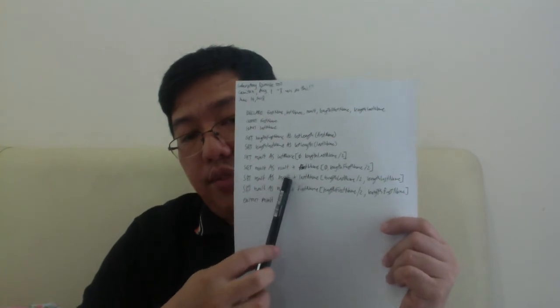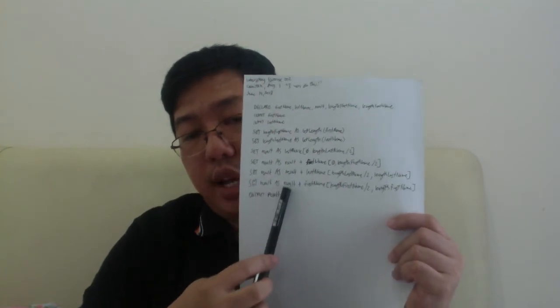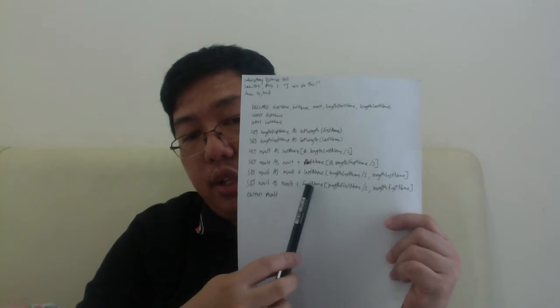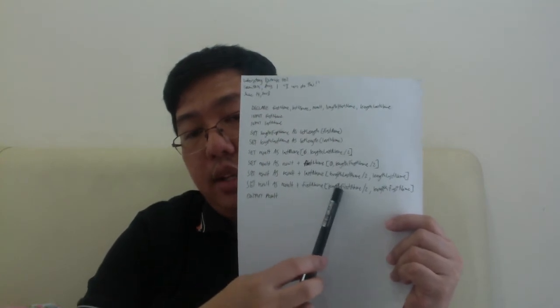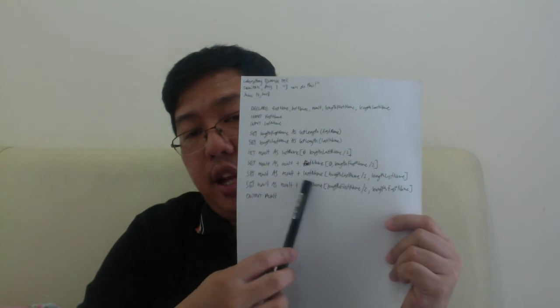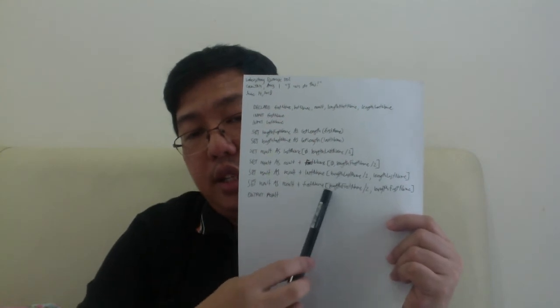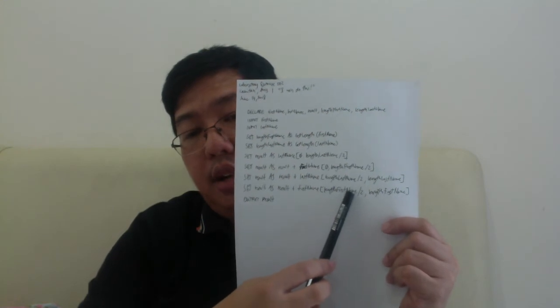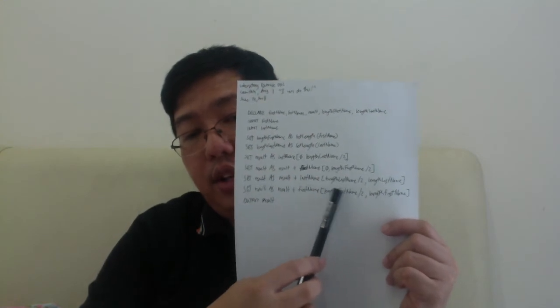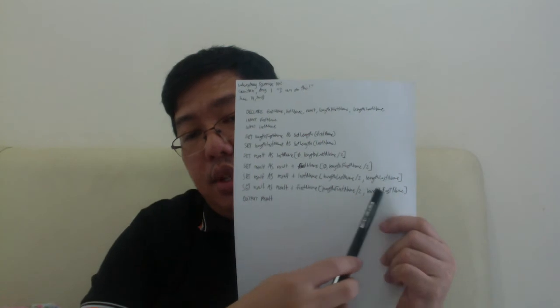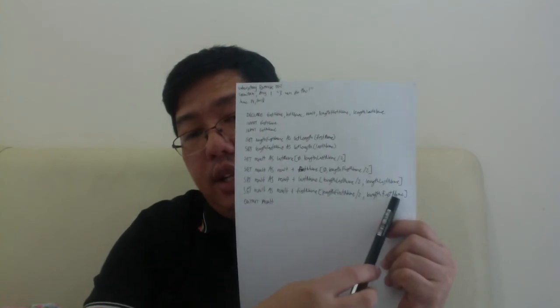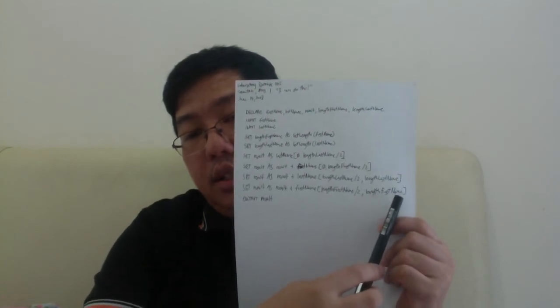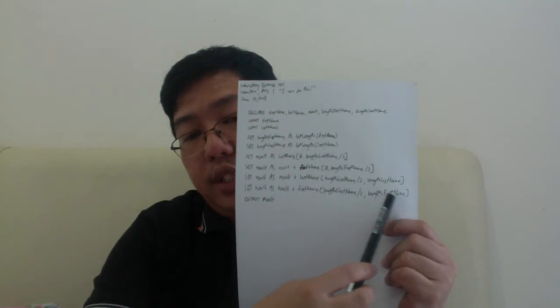I take from the previous line, then concatenate with the first name, and I get the letters from the half index of the length of the first name until the end index of the first name.